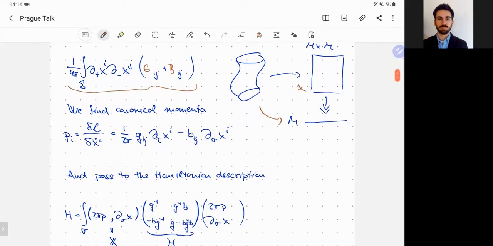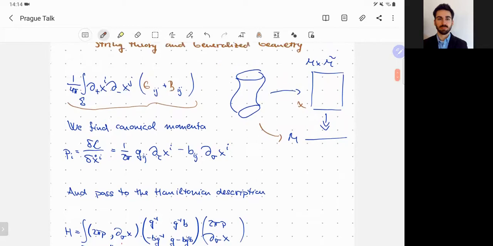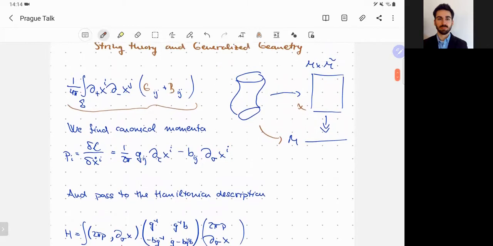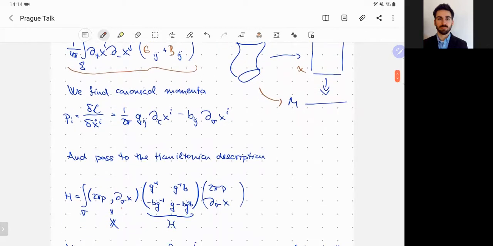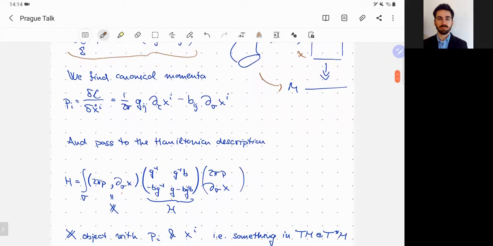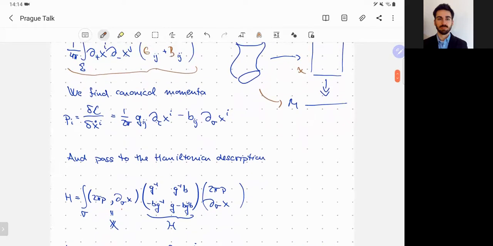As I said, the symmetries are naturally living in TM plus T*M, but another feature where we see that this underlying generalized geometry plays an important role is when we study its Hamiltonian description.